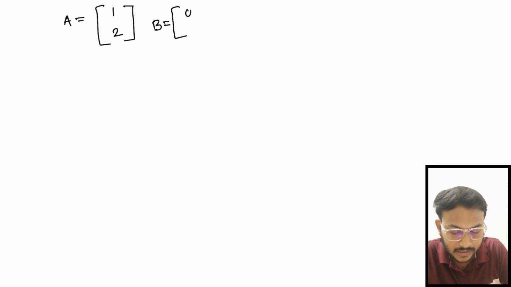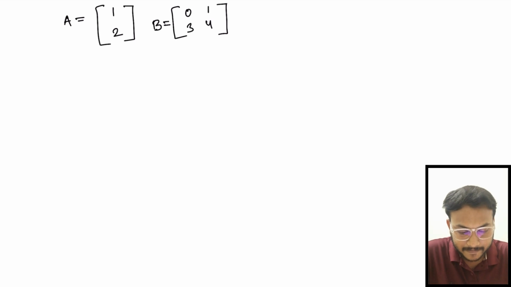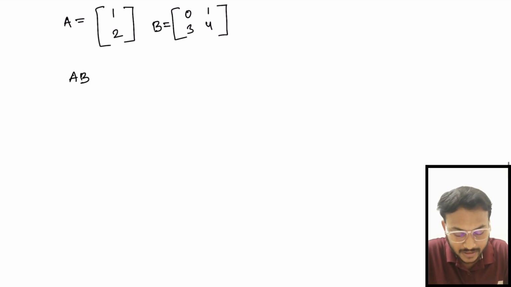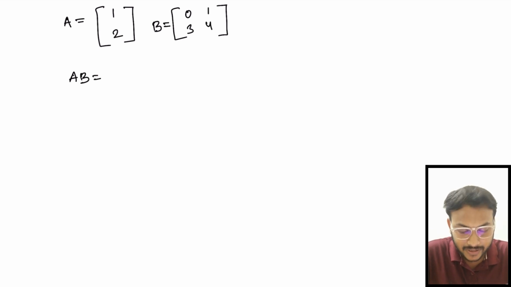Let me take an example. Let's say A is the matrix that has elements 1, 2, and B is the matrix that has elements. Okay, this is the matrix given to you, so we have to find A into B. Okay, now you can see here the matrix A. In matrix A, first row has only one element, 1.